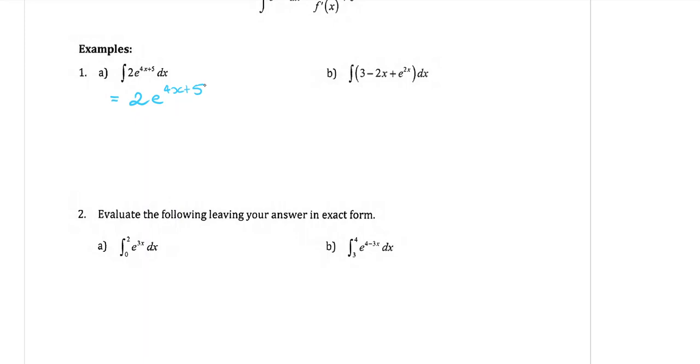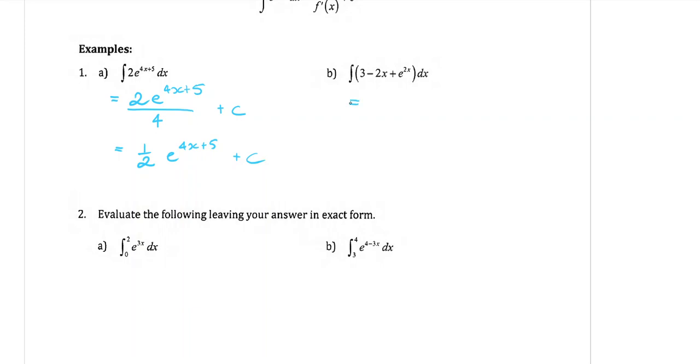I just have to put it over the derivative, which is the 4. Okay, and of course plus a c. Then there is a little bit of simplifying that can happen. 2 over 4 just becomes a half. So you could write half out the front if that's nicer: half e to the power of 4x plus 5 plus c on the end. Does that make sense?